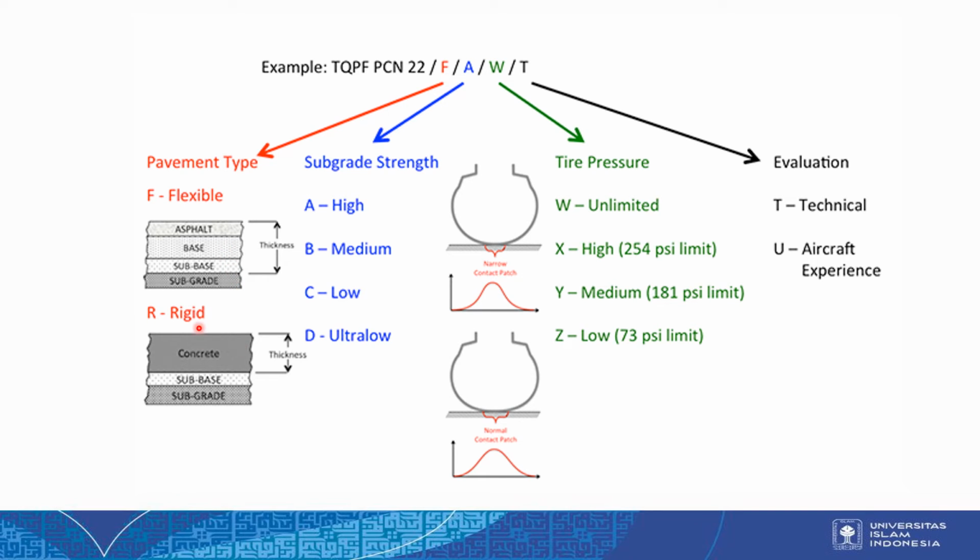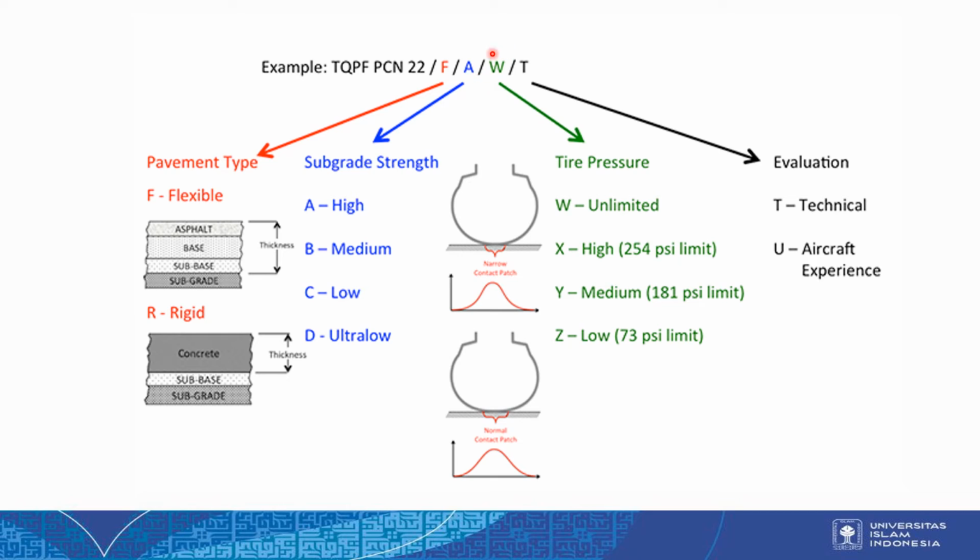And the rigid pavement has concrete and then subbase and the subgrade. So for this example, the pavement type is flexible pavement. For the next slash, the options are A, B, C, D for the subgrade strength, and for this example the pavement has high subgrade strength.